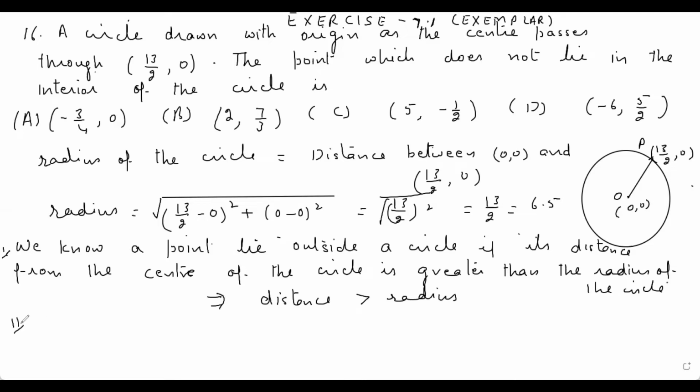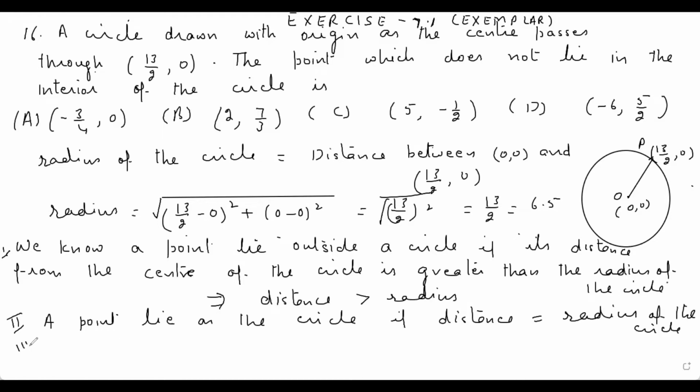Now the second point is, a point lies on the circle if its distance from the center of the circle is equal to the radius of the circle. Distance is equal to the radius of the circle.